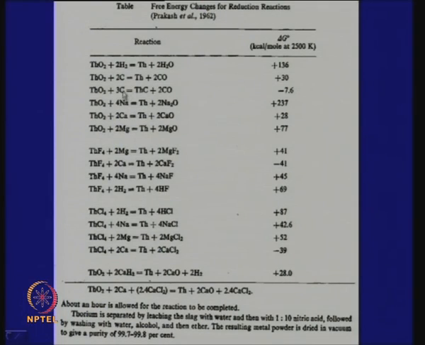I have given here also some data for carbon reduction of thorium. As I keep on mentioning, for reactive metals like uranium, thorium, plutonium, titanium, in theory carbon reduction is always possible. If you go back to the Ellingham diagrams we had discussed, carbon forms carbon monoxide, which becomes increasingly stable as the temperature goes up, whereas all oxides become more and more unstable as temperature goes up.